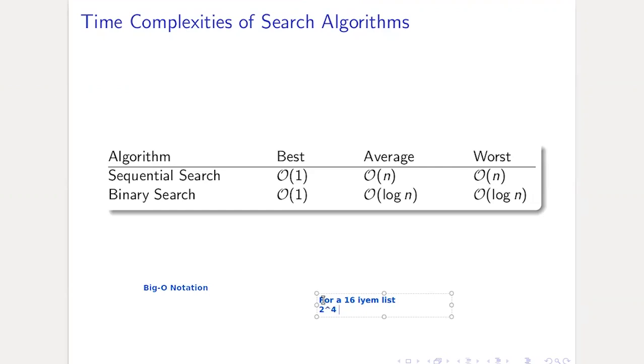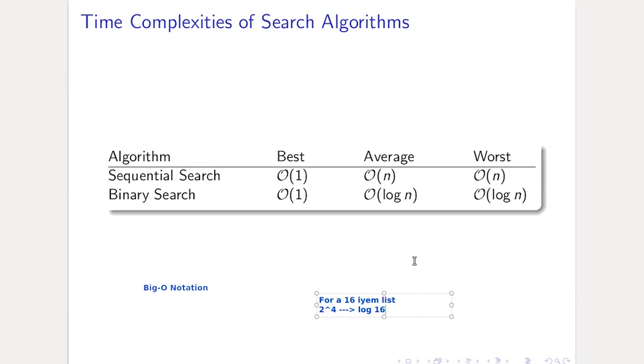This is how we get this. So we get 4 levels. That's log of 16 to the base of 2. So you have to do the search 4 times.